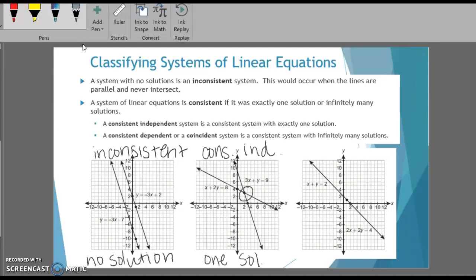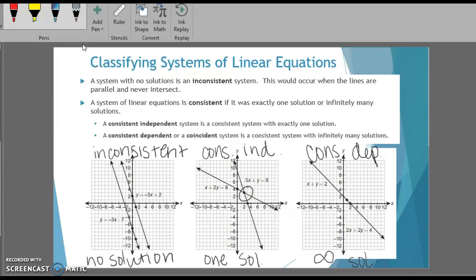Consistent dependent, or coincident, we'll just say consistent dependent, is a consistent system with infinitely many solutions. So notice there's two lines here, but it looks like the same line. That's because they're essentially the same line. So this is a consistent dependent system with infinitely many solutions.